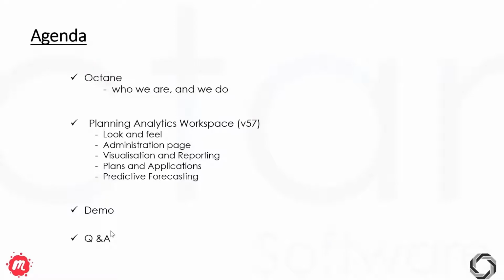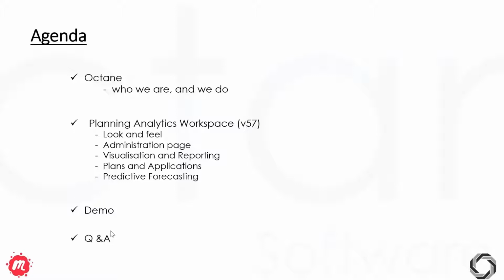As for the agenda, I will kick off with introducing Octane first, and then I'll be covering the following four topics, not necessarily in the order that you see here. The first one is the improved look and feel of the overall UI, touching upon the usability aspect of it.